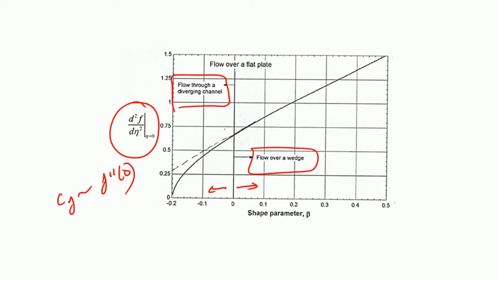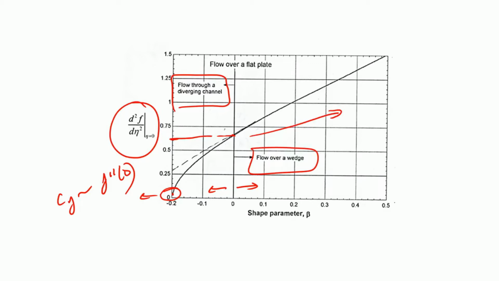So, at beta equal to 0, this is whatever value you get from your self-similarity solution. As you go to about minus 0.2, everything separates and you basically get 0 shear there. Beyond this, there is separation. Here, of course, you can see that the shear stress will continuously increase.